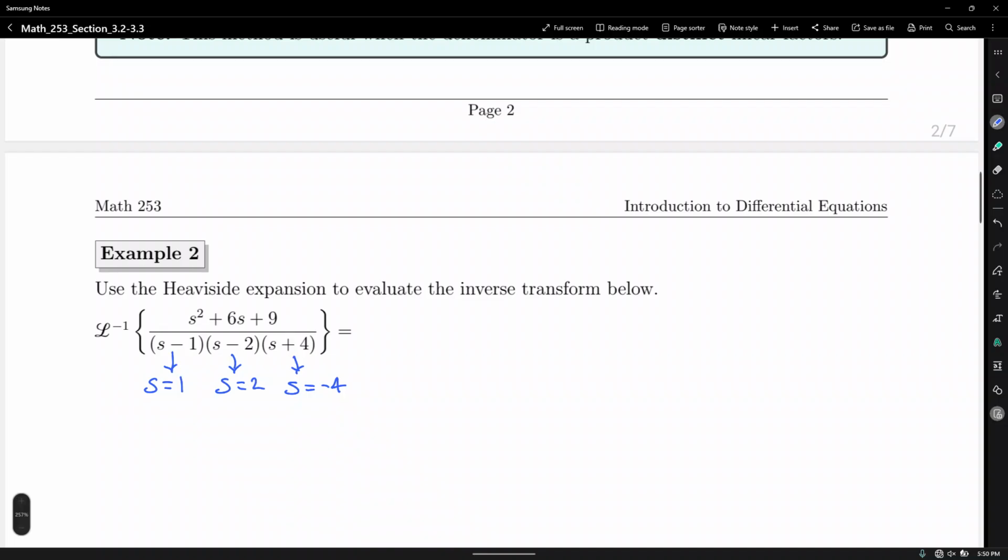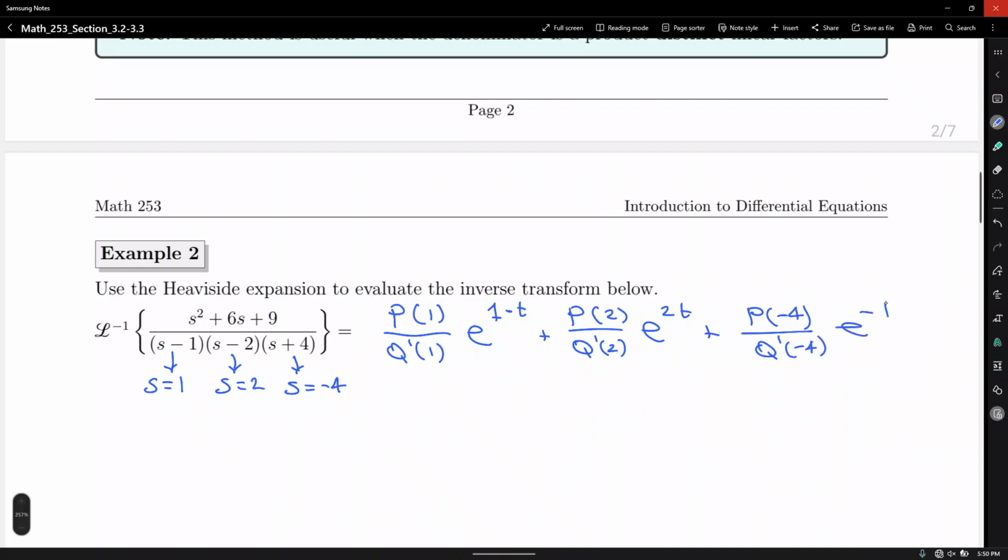We will evaluate the numerator at 1 divided by Q prime at 1, times e to the 1 times t, plus the numerator evaluated at 2 divided by the derivative of the denominator at 2, times e to the 2t, plus the numerator evaluated at -4 divided by the derivative of the denominator evaluated at -4 as well, times e to the -4t. So we essentially have set up the inverse transform, right?